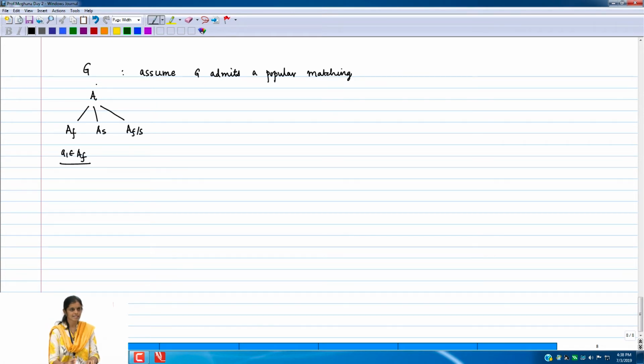Every applicant must lie in one of these three sets, and we want to partition the set of applicants into these. So A is equal to this, and this is a disjoint union, that is, a partition of the set. Any questions still here?